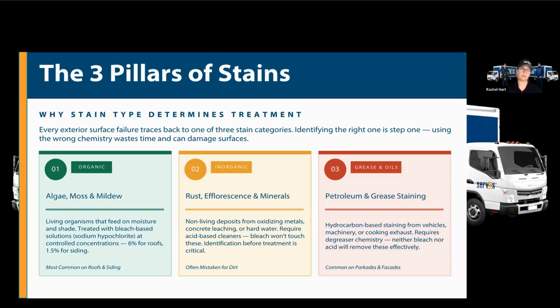Most commonly, with building washes, we're dealing with algae, moss, and mildew. And with that, we're using many different types of surfactants and sodium hypochlorite, which is ultimately bleach. The surfactants are different mechanisms to capture the bleach and help it dwell on the building.